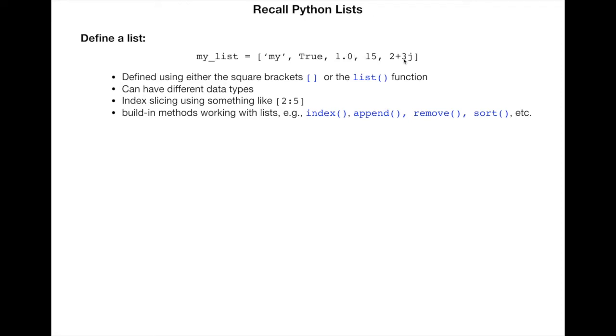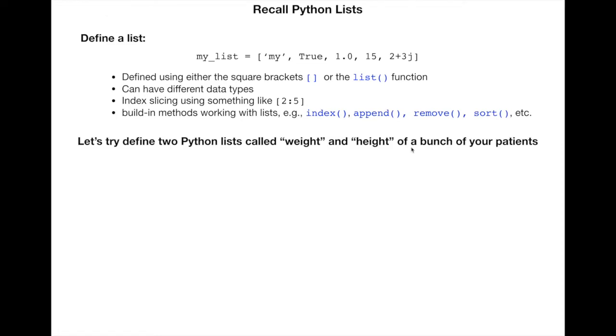So lists can have different data types. And remember that you can also do slice indexing like list 2 to 5, and 2 is included and 5 is excluded. And also we tried built-in methods such as index, append, remove, and sort. And I think you've tried some of these and you know what they do and how to use them, right?